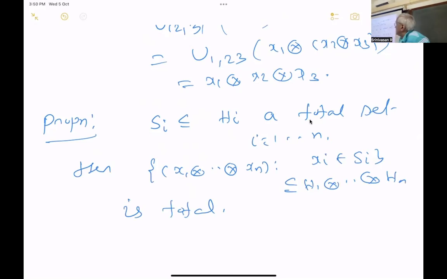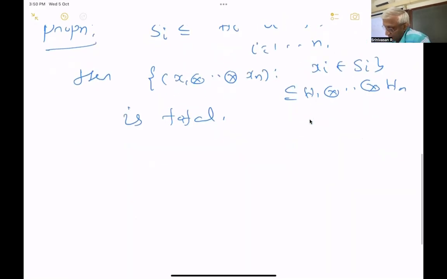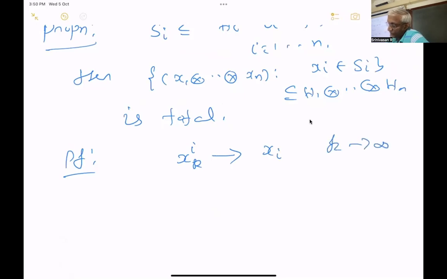Do I have to do this? It is just because the tensor is some sort of continuous. So, proof: suppose you have some Xik, where I should use k instead of n here, such that Xik converges to Xi as k goes to infinity, i equal to 1 to n.